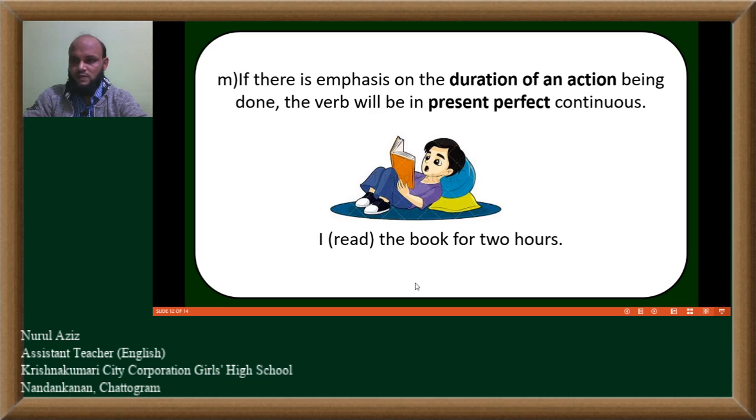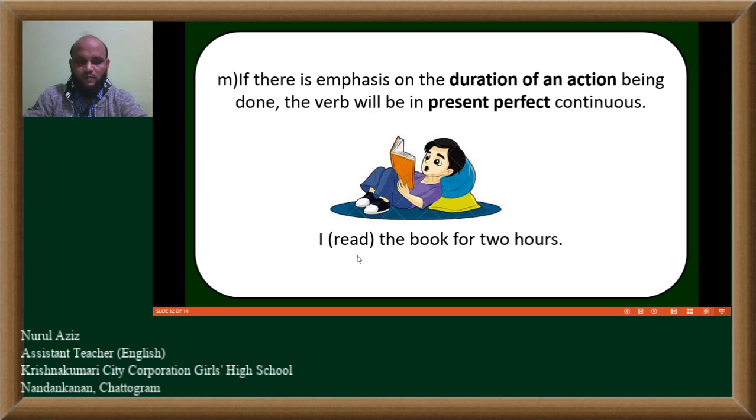An activity that started before and it is still being done, it is still continuing. In that case, you have to think it to be present perfect continuous tense. So there is an indication of the duration of an action, for 2 hours. That means the action started 2 hours back and it is still continuing. That is why this is present perfect continuous tense.